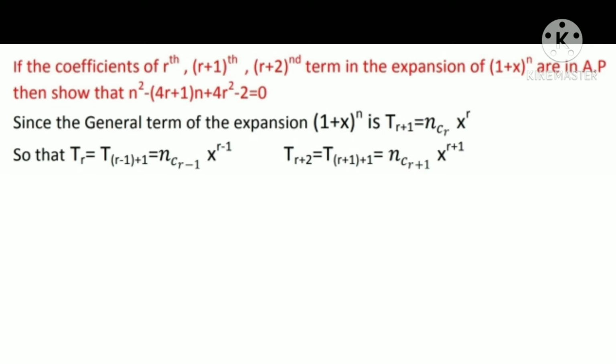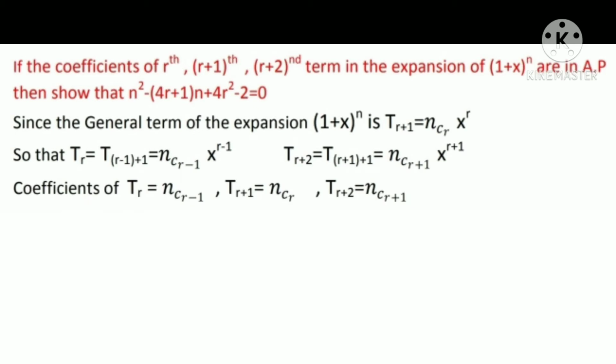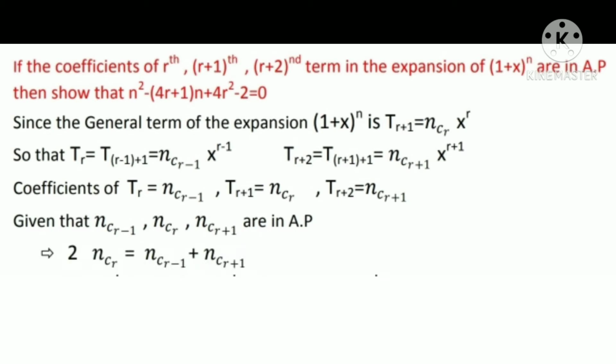Using this, the binomial coefficients of the rth, (r+1)th and (r+2)th terms are nC(r−1), nCr, nC(r+1). If you apply the concept, 2 nCr = nC(r−1) + nC(r+1).